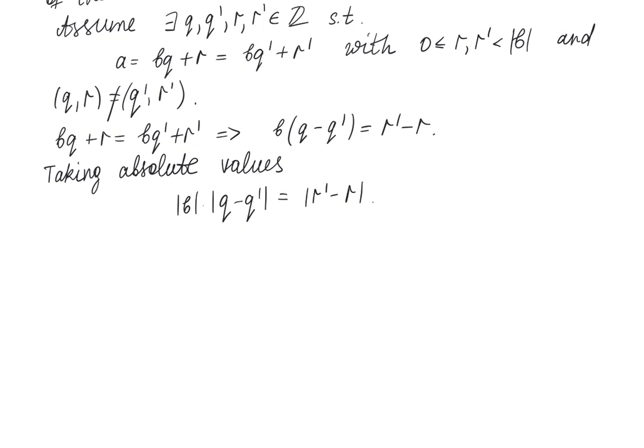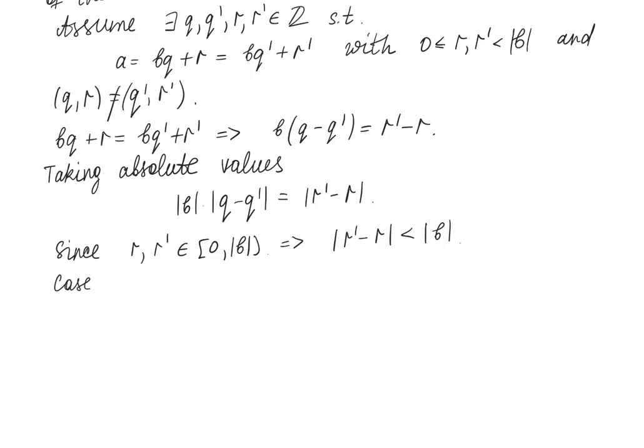So we know that r prime and r both are in this interval, 0 up to absolute value of b. It's not included, and because of that the distance between r prime and r must be less than absolute value of b. So r prime minus r has to be less than absolute value of b. Now, after this observation, we consider two cases.